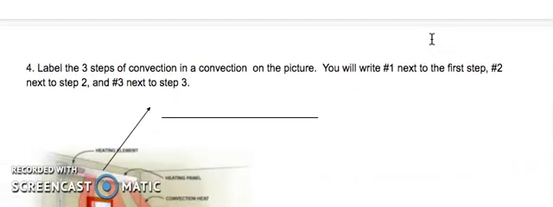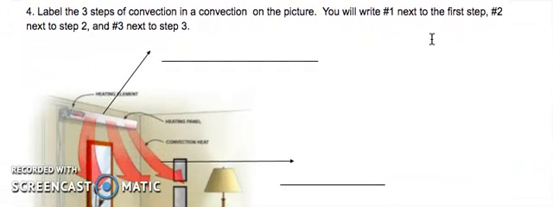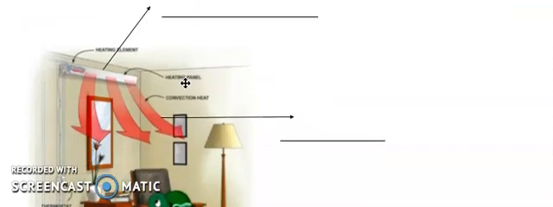All right, students, number 4. Number 4 says, label the 3 steps of convection in the picture. So you're going to now just think about convection all by itself. And you're going to think about the 3 steps we talked about the other day. You're going to write step number 1 next to the first step, step number 2 next to the second step, and number 3 next to the third step. Okay?